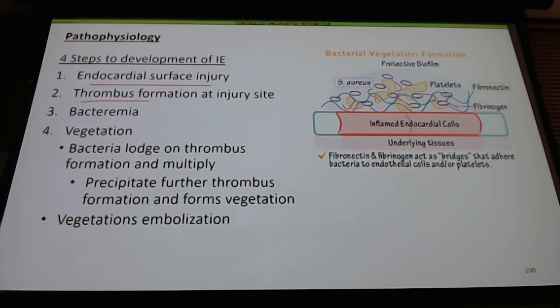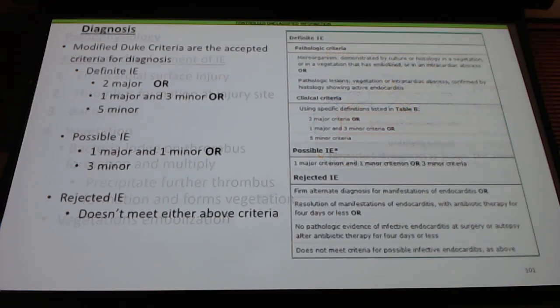That creates an environment where, if you have bacteria in the blood, so bacteremia, the bacteria will invade that thrombus formation and make this already complex structure even more complex, because the bacteria interact with it, break down products and those types of things, and make a very complex structure known as a vegetation. That vegetation then serves to protect the bacteria from antibiotics that you might give to treat it, making it exceedingly difficult to actually treat these folks.